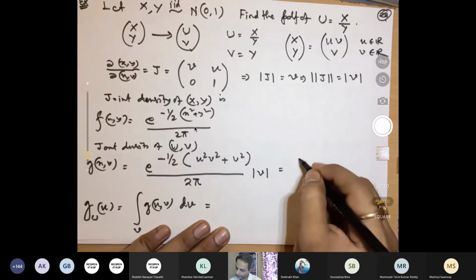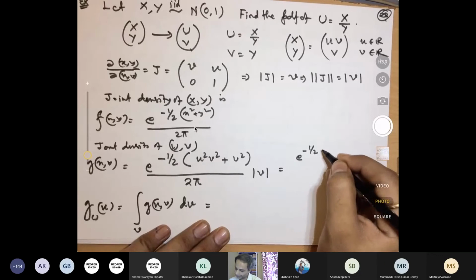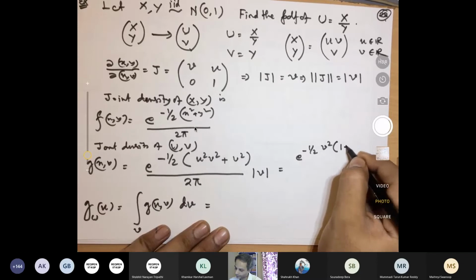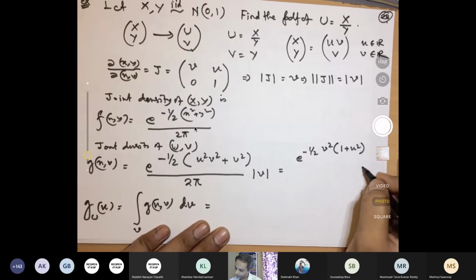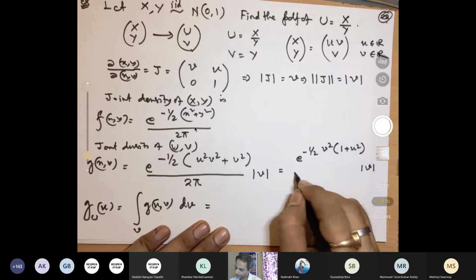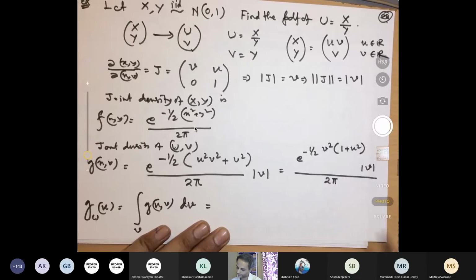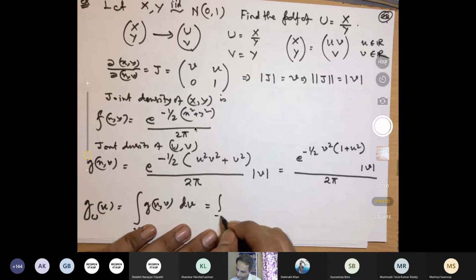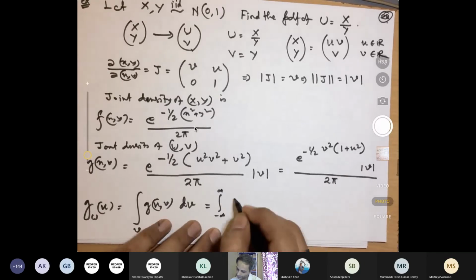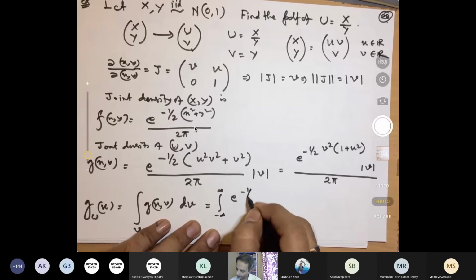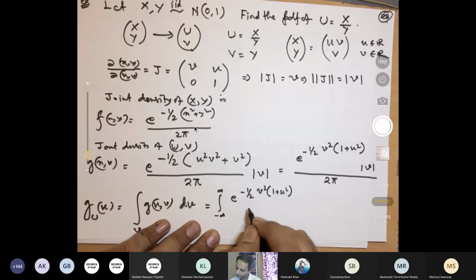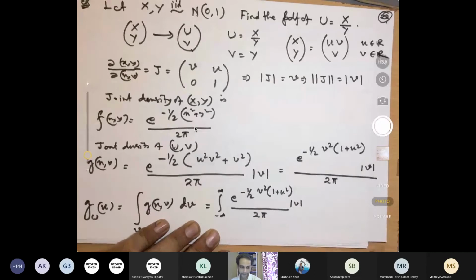You can also write it this way: integration from minus infinity to plus infinity of e to the power minus half v square (1 plus u square) mod v, whole divided by 2 pi.